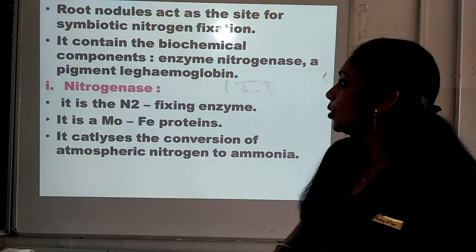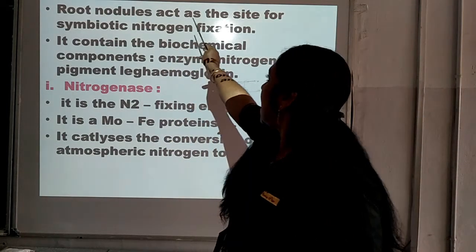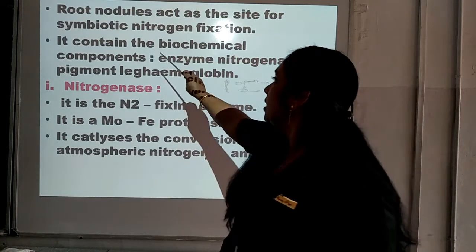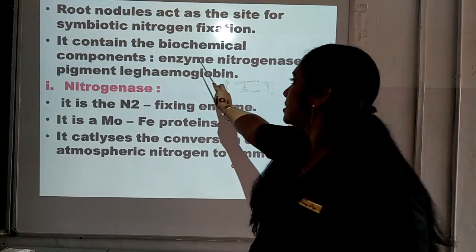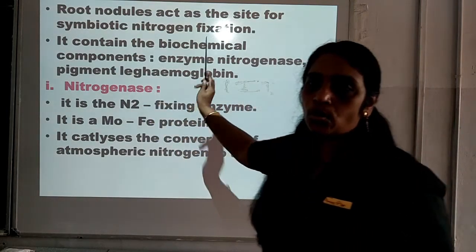You can see the next point related to nodule formation. Root nodules act as the site for symbiotic nitrogen fixation. It contains the biochemical components, that is enzyme nitrogenase as well as a pigment like hemoglobin.